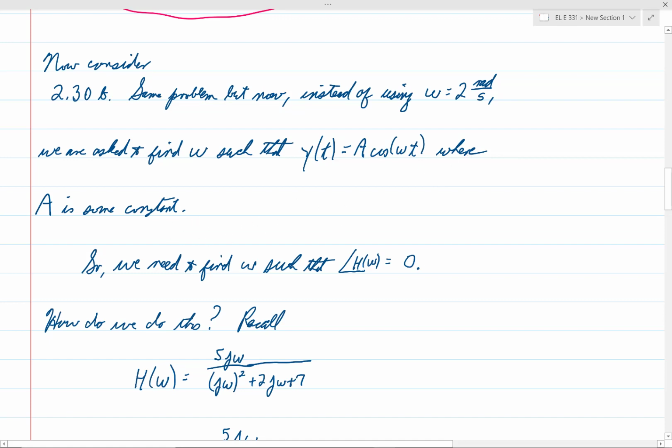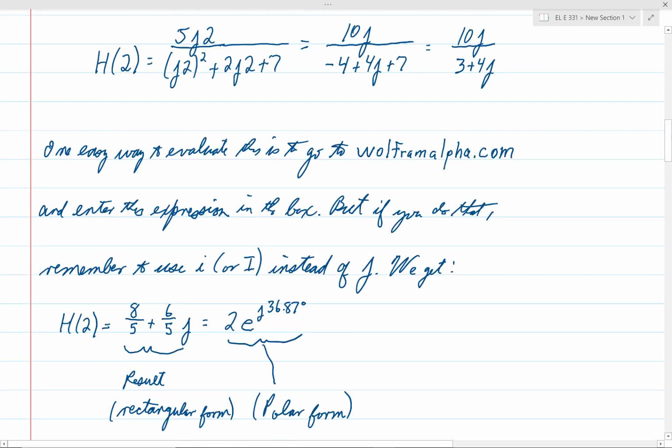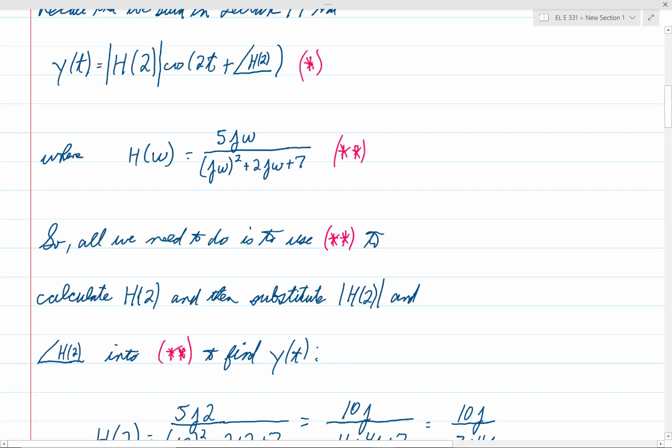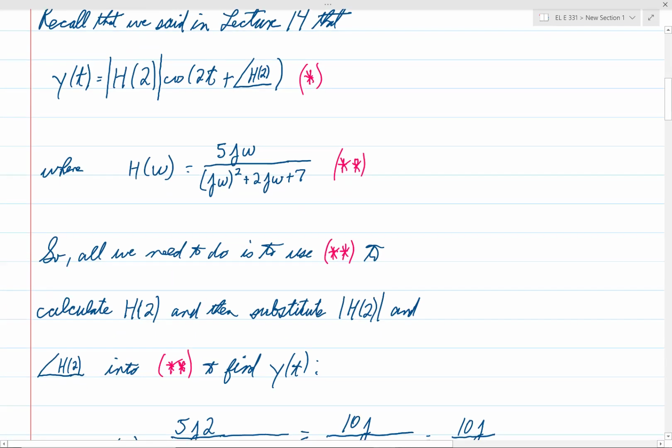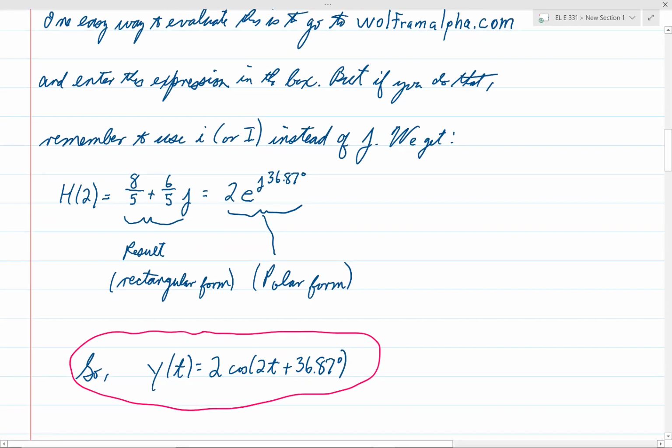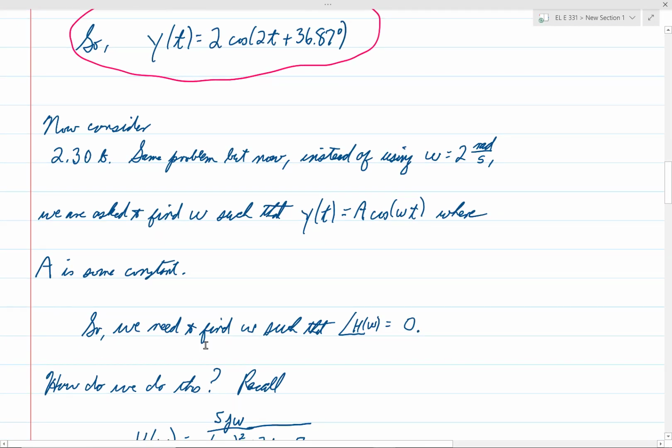Now remember, the input x of t here is cosine of omega t with no extra phase added. It's just cosine of omega t. And now we want to find out what omega should be in order for y of t to be a cosine omega t.